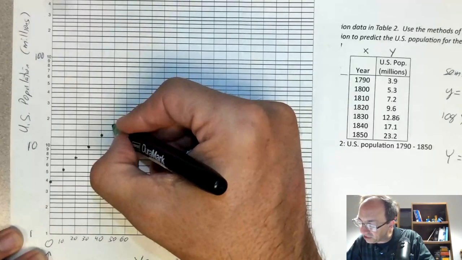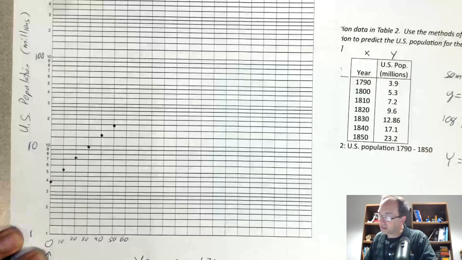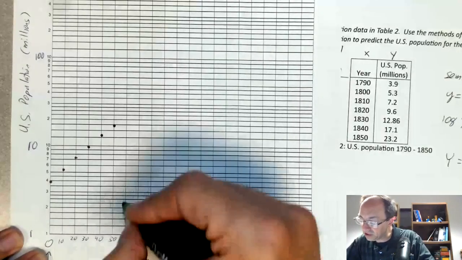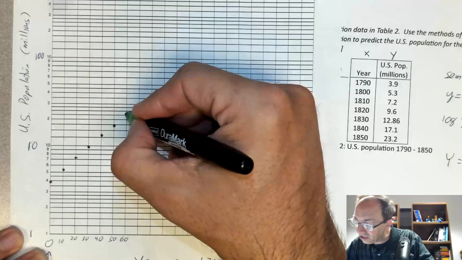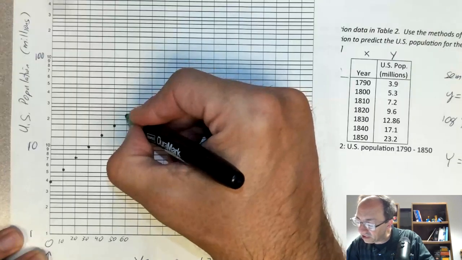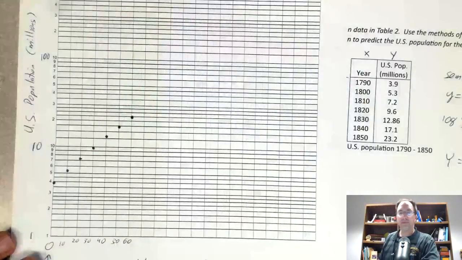This is 17.5, so a little below it. And then 1850 corresponds to 23. There's 20, so somewhere a little below that line maybe.